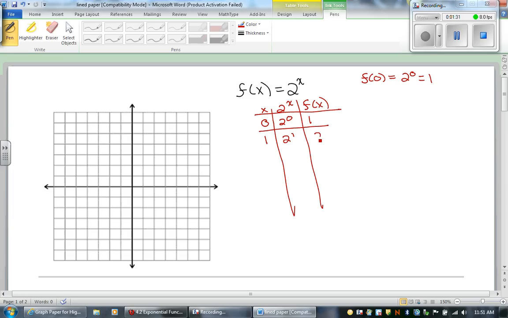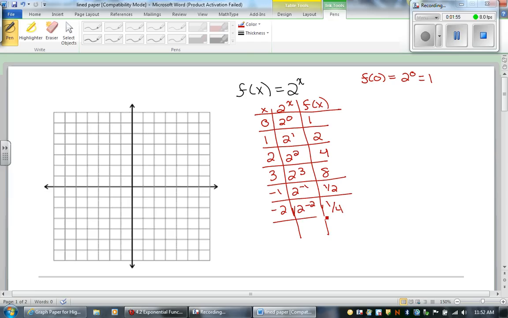2 to the 1 is 2. 2 squared is 4. For 3, 2 cubed is 8. And we also want some negative values as well. So negative 1, 2 to the negative 1 is 1/2. Negative 2, 2 to the negative 2 is 1/4.